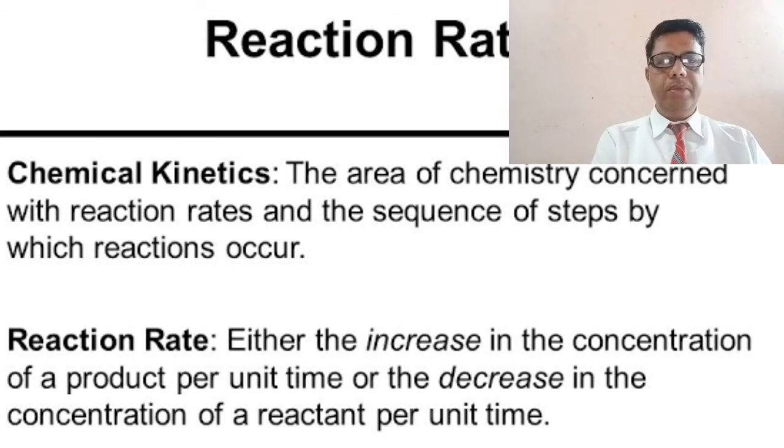It is simply termed the rate of reaction, and this rate depends on some factors, the conditions of that chemical reaction. Conditions are temperature, pressure, catalyst, concentration of reactants, etc. So this is the concept of chemical kinetics.